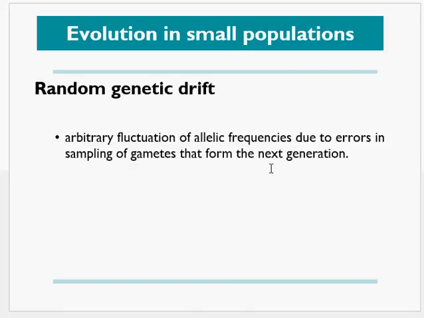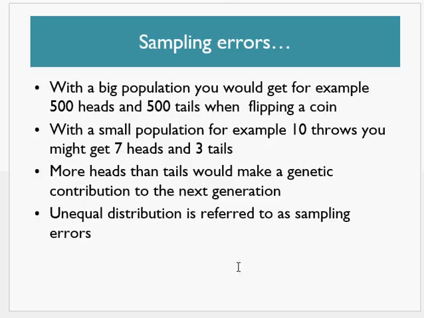With a big population, you would get pretty much an equal distribution of an allele which has a 50% chance of being passed on to the next generation. So for example, when you are tossing a coin and you toss enough coins, you would maybe get 500 heads, 500 tails.